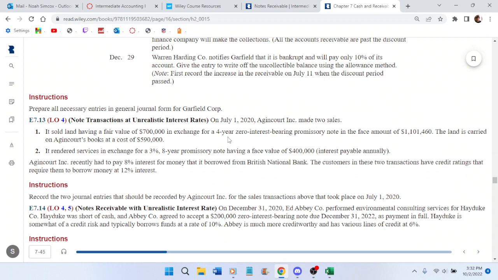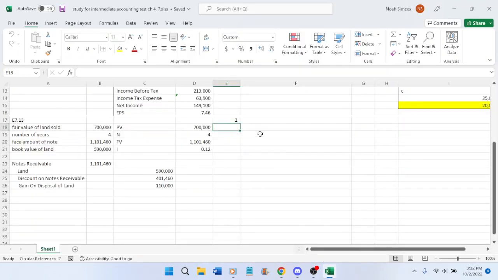Basically, you have $400,000. You are going to now determine what the present value of the $400,000 is. So you have FV 400,000.